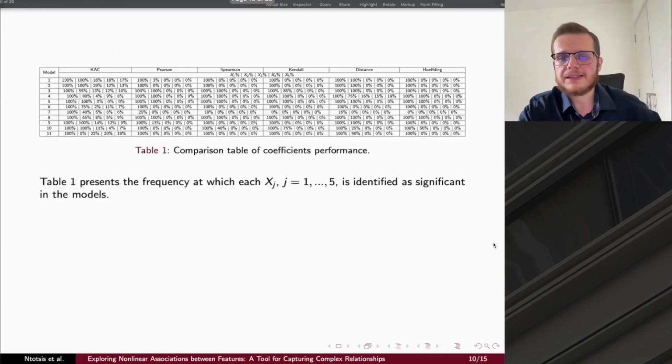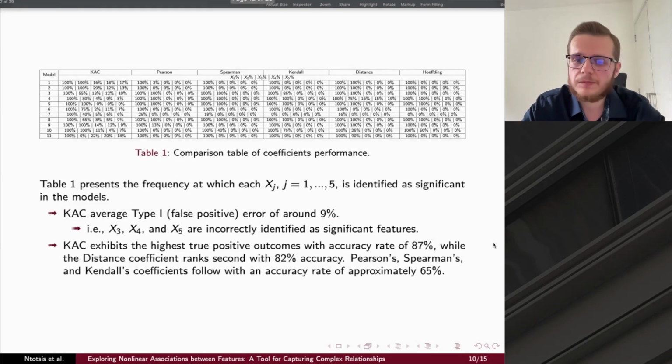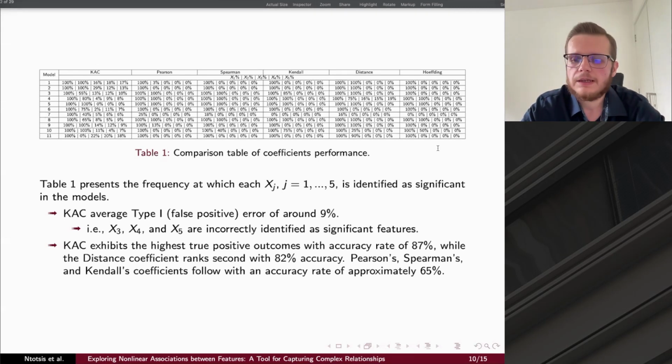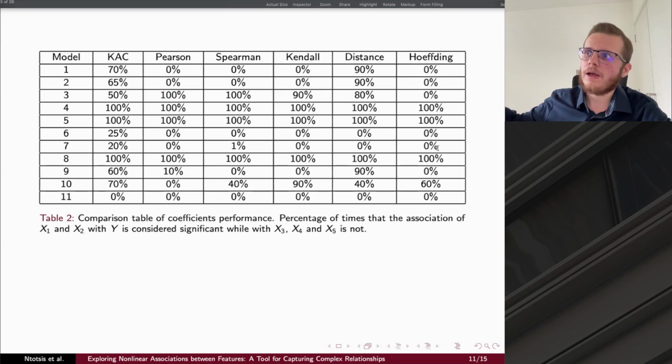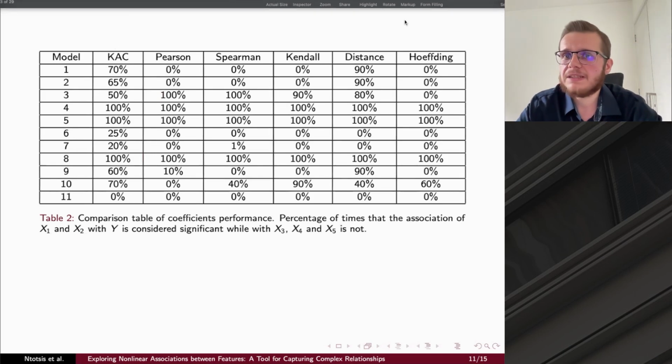Yeah, basically in half of our simulations, we saw that KIC works approximately the same as distance correlation. It's not that it can outperform each and every one; it performs approximately the same as the distance correlation.